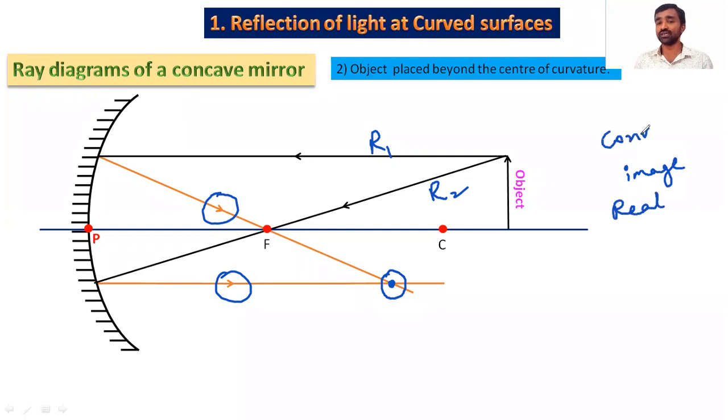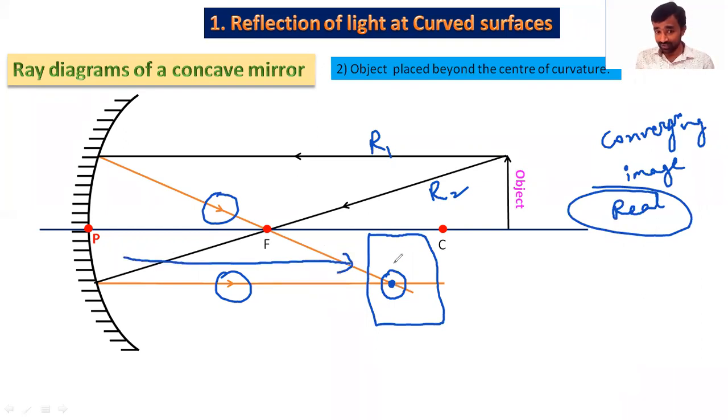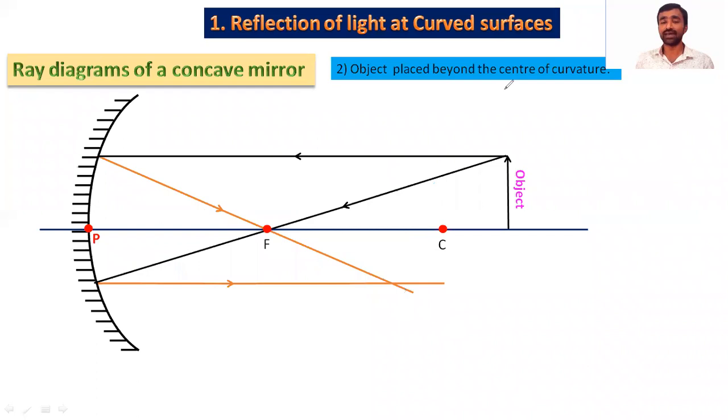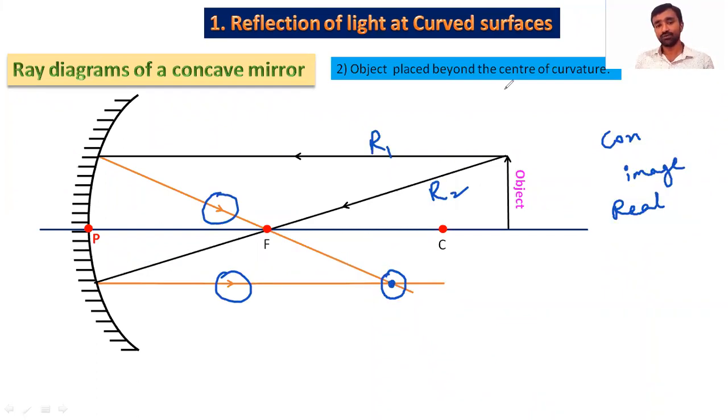With the converging light rays, what you will get? Image, real image. So what type of image you will get here? Real image. That means if you use the screen to move in front of the mirror from this place, you will get the image on the screen at this distance. So this is the meaning of this diagram, right? Everyone is clear?